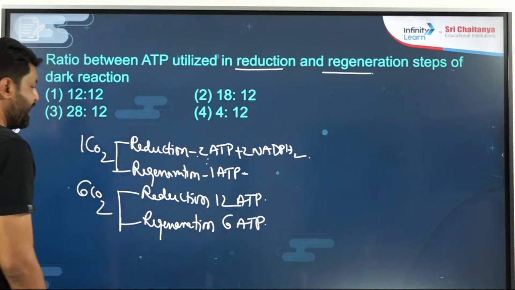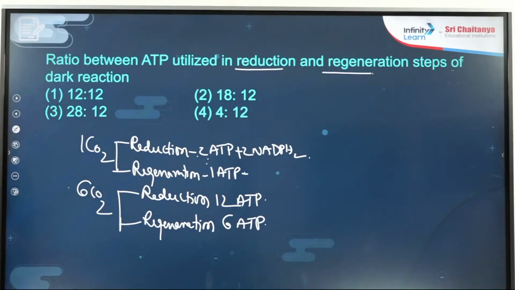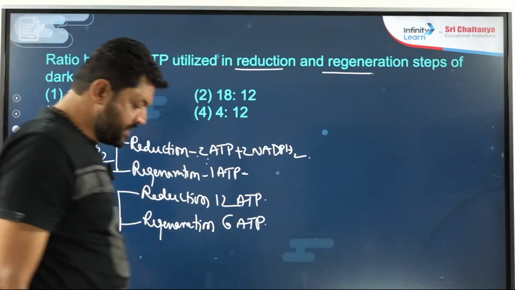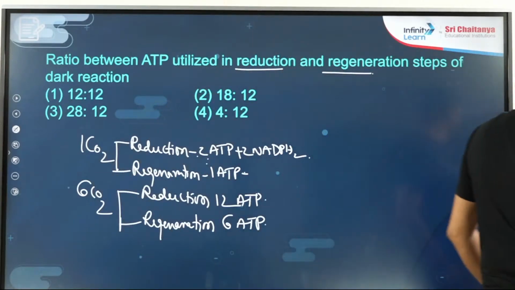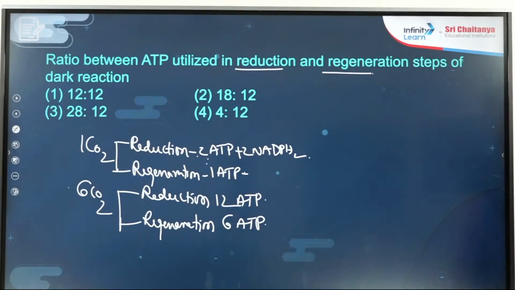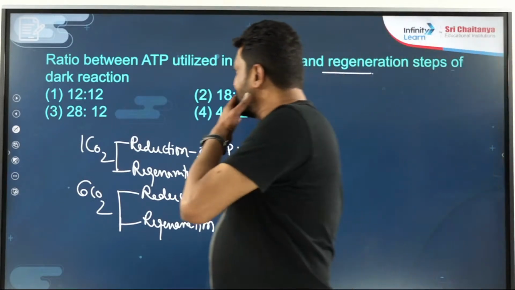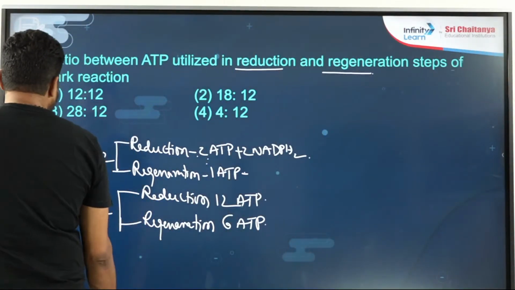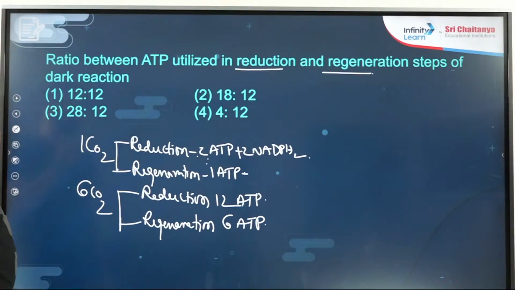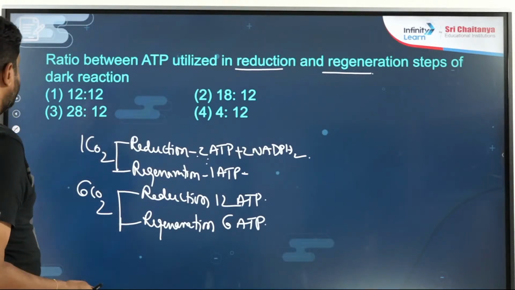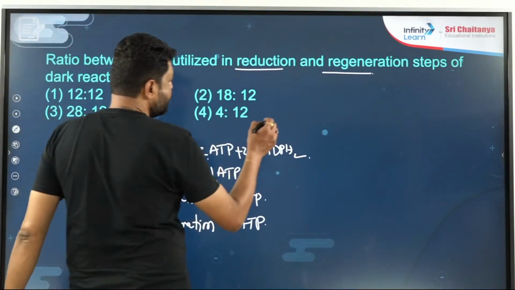So for the reduction of 6 CO2 molecules, the ratio between ATP utilized in the reduction and regeneration steps of the dark reaction is 12:6. We don't have that option.